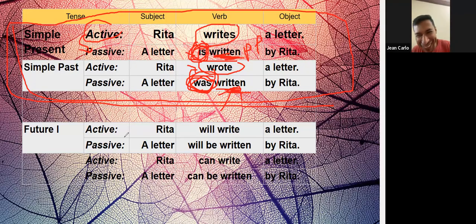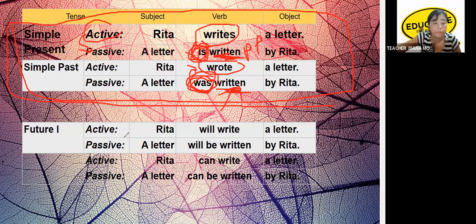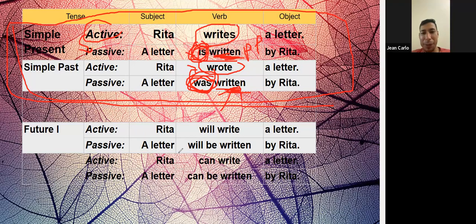It's easy. Yes, it is. This form is easy when you only change the verb to be: simple present is, and simple past was, plus verb in past participle.